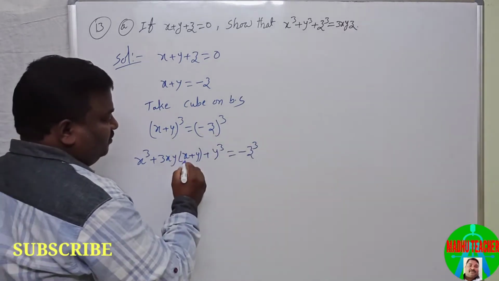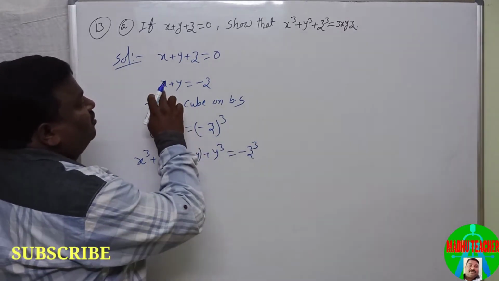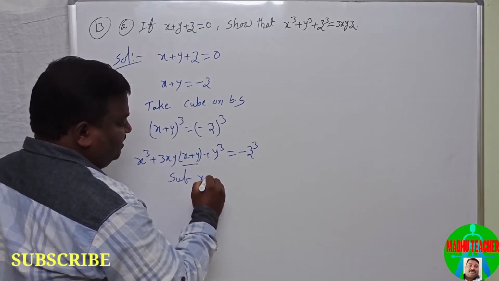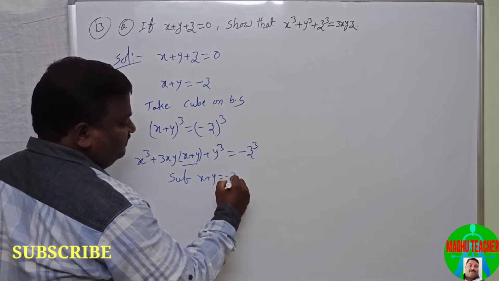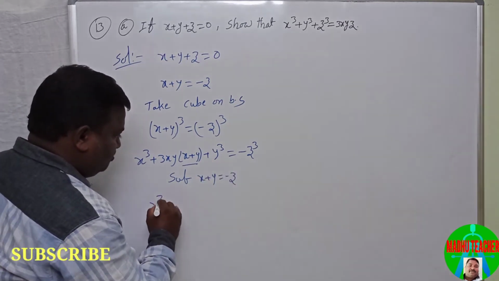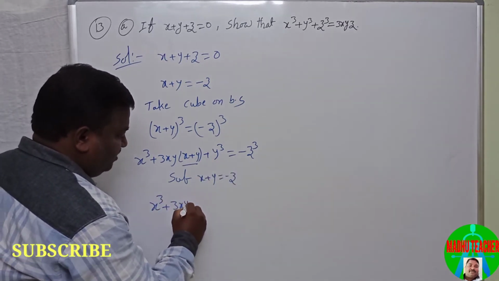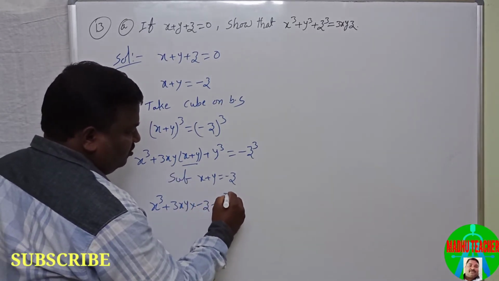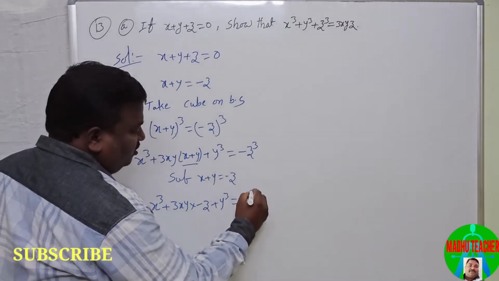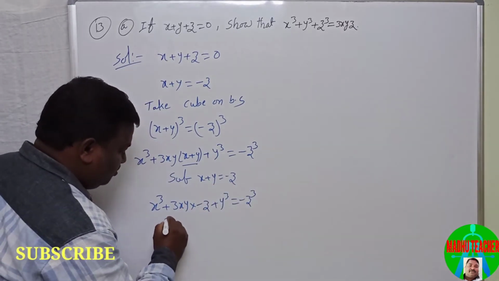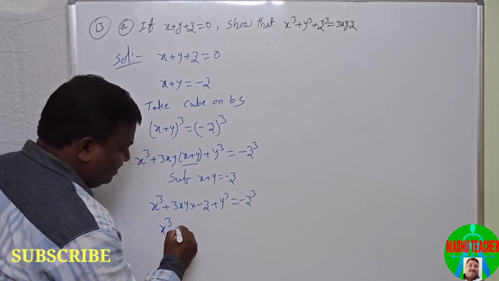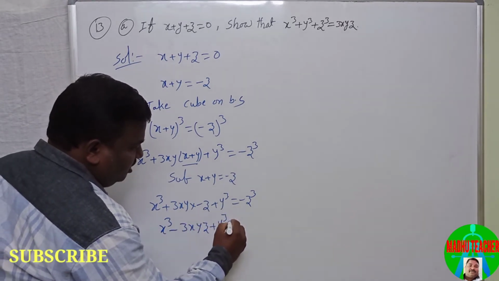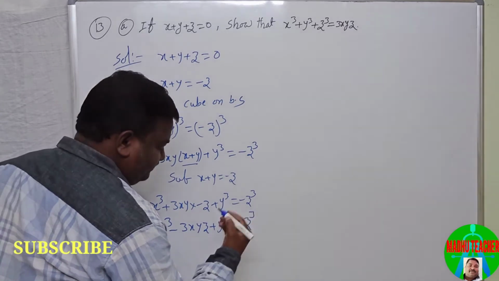So here we have x plus y. We know that x plus y equal to minus z. Substitute x plus y equal to minus z. So that equals x cube plus 3xy into minus z plus y cube equal to minus z cube. So x cube minus 3xyz plus y cube equal to minus z cube.